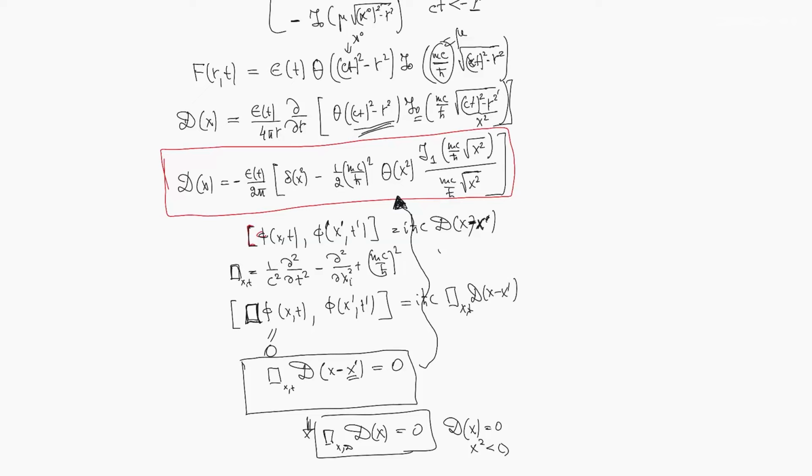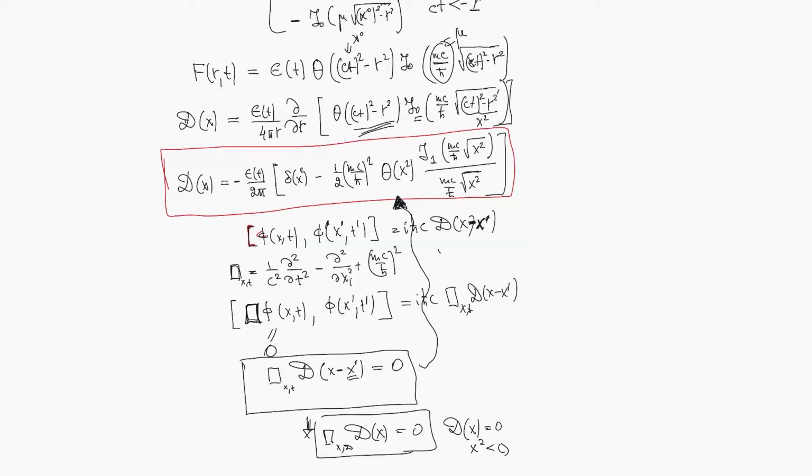In fact, this is a very good exercise, which I recommend you to do: to prove that this is indeed a solution. You forget about the derivation we have done. You just take this function Δ(x), given by this expression, and you hit it with the Klein-Gordon operator, and then you apply derivatives to this generalized function, to the delta function, theta function, Bessel function, to show that at the end, when you apply this operator, you obtain 0.